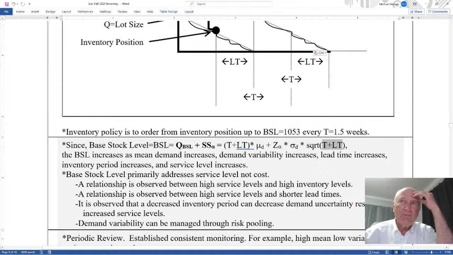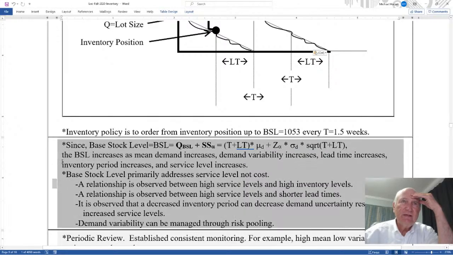You have both of them, both in your lot size Q and in your safety stock determination. The base stock level increases as the mean demand increases, demand variability increases, lead time increases, inventory period increases, and service level increases.